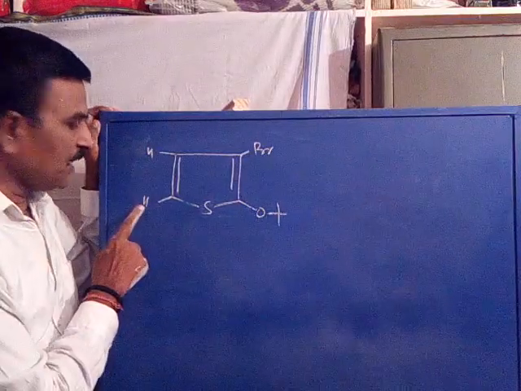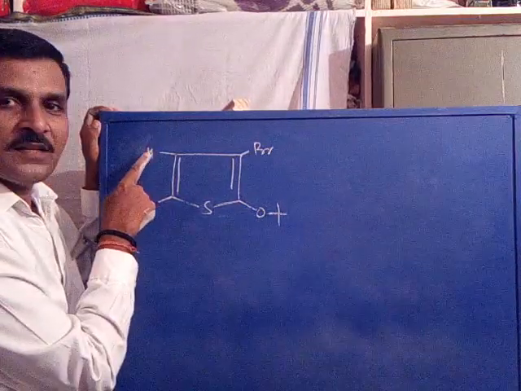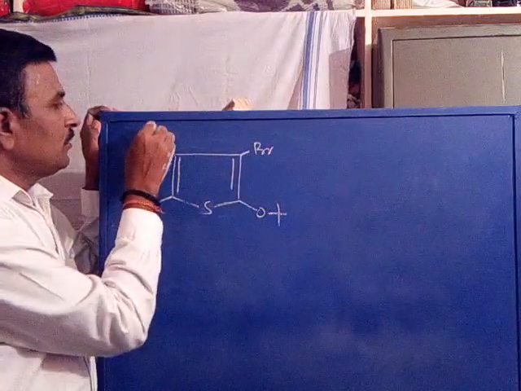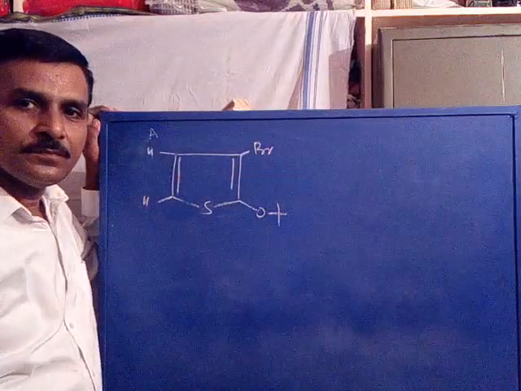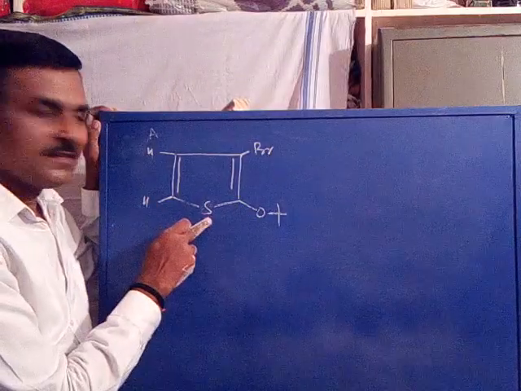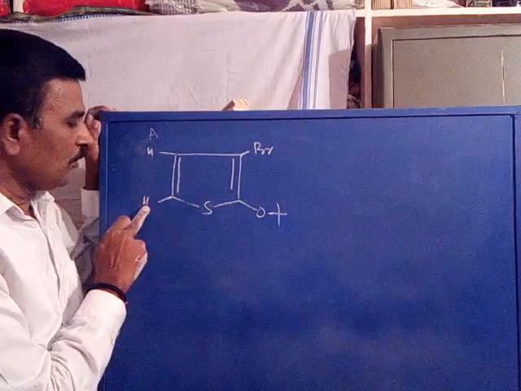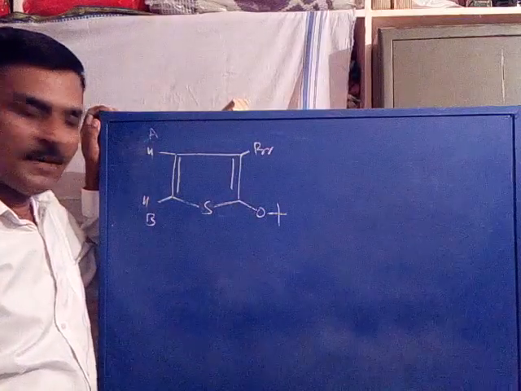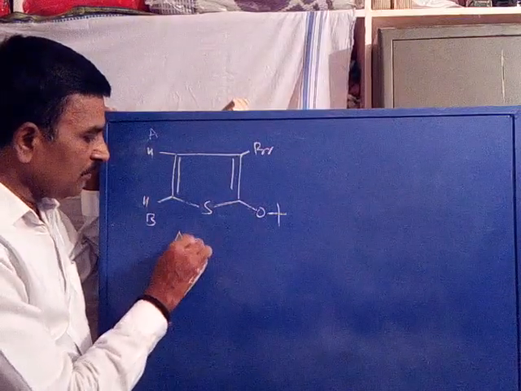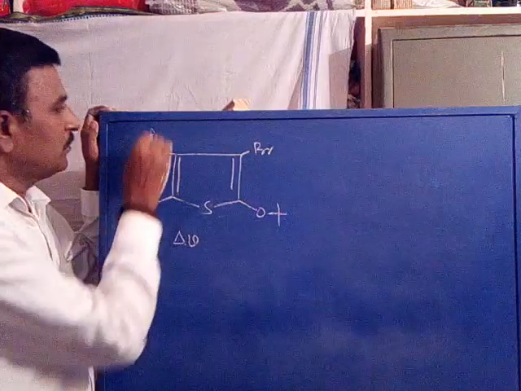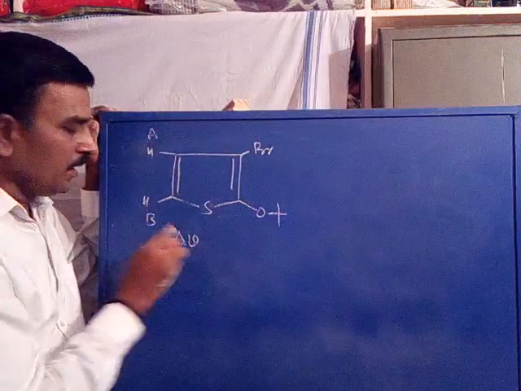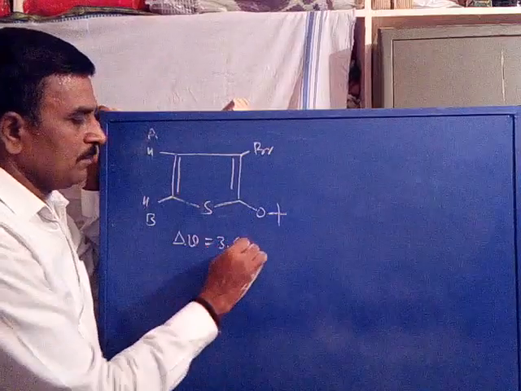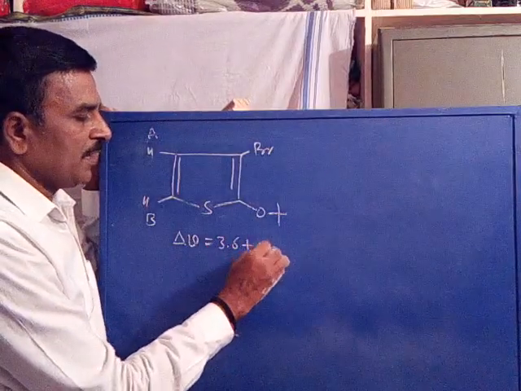Now, this hydrogen is adjacent to bromine, therefore has higher delta value. This becomes A. Now, this proton is adjacent to sulfur. It has lower delta value. It is to be designated with B, because the frequency difference between these two protons, one is A, other one is B, is equal to 3.6 plus or minus 0.2 Hz.